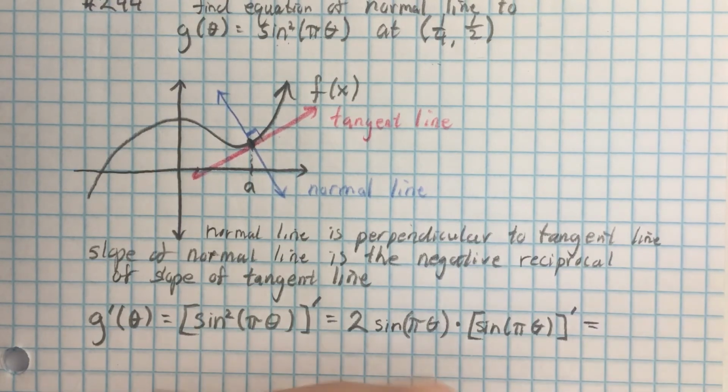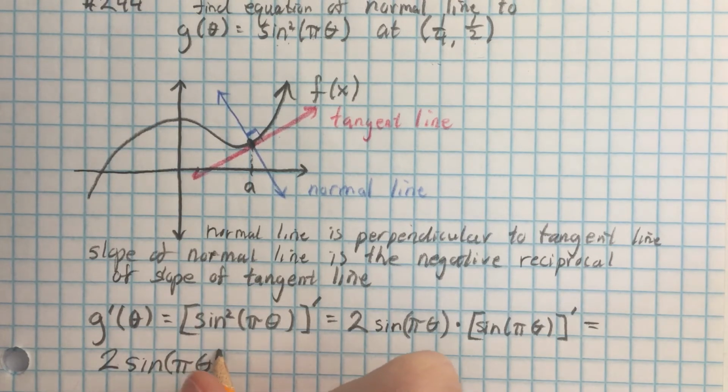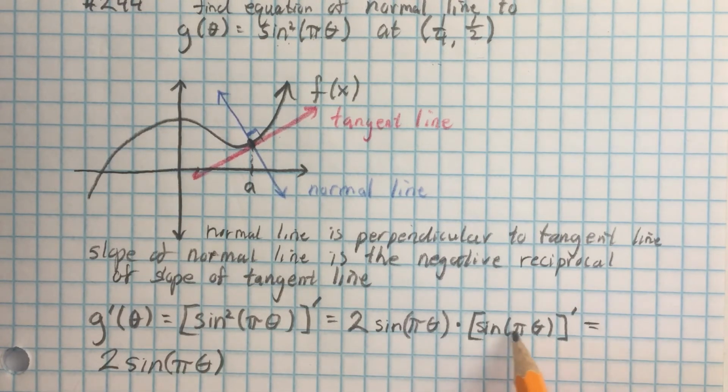So to complete this, we have 2 sine pi theta. The derivative of sine pi theta is going to be, sine becomes cosine. Again, that's outer right now, so I do outer first. Sine becomes cosine. Pi theta, the inner function, stays the same. And I take the derivative of pi theta.